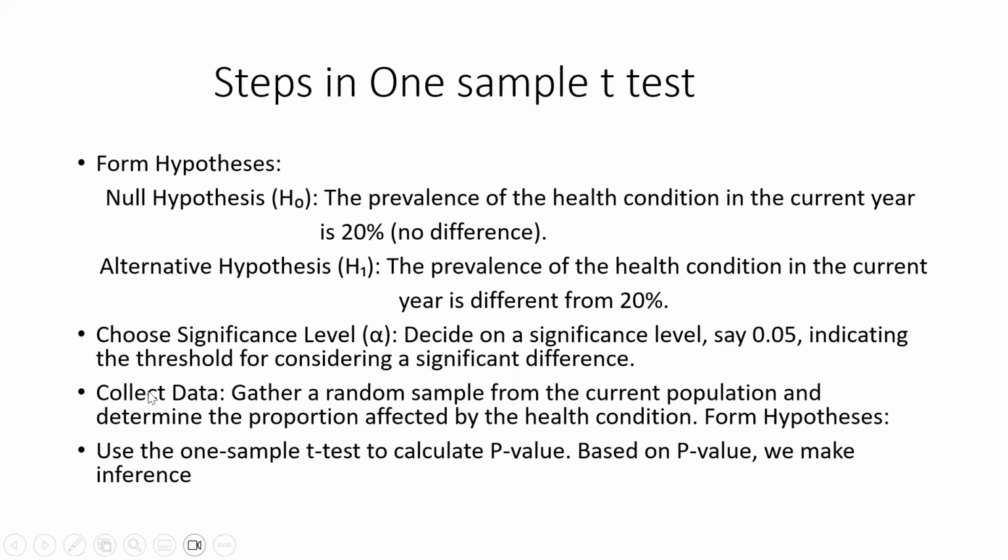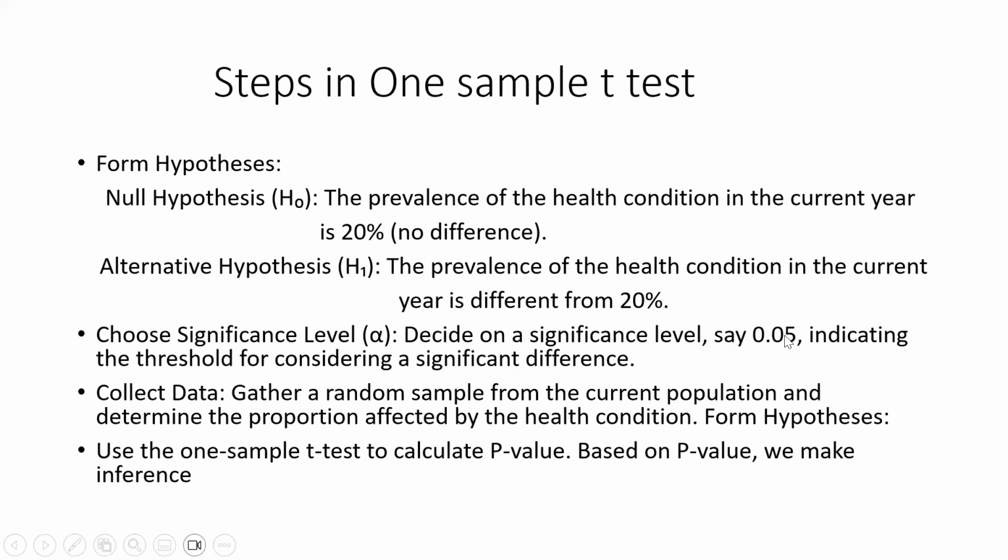Then we have to gather a random sample from the current population. You have to do a survey and collect the data about diabetes mellitus, calculate the proportion of diabetes mellitus, and then using a t-test, you can calculate the p-value. Based on the p-value, we can make an inference. Now we have set the significance level, the type 1 error, as 0.05.